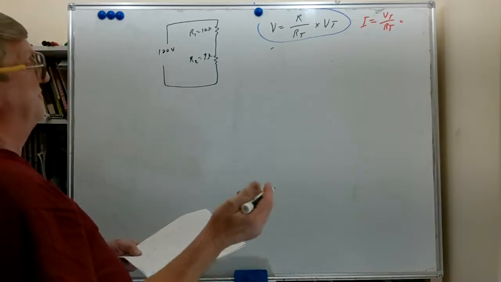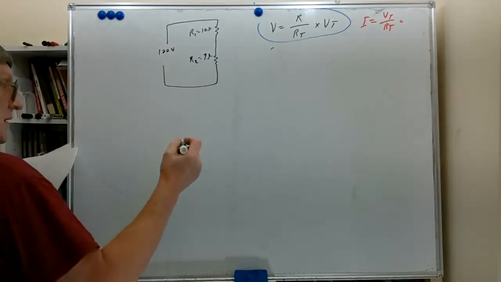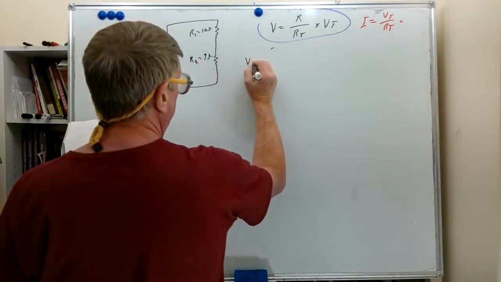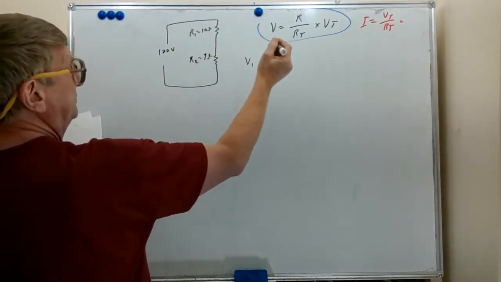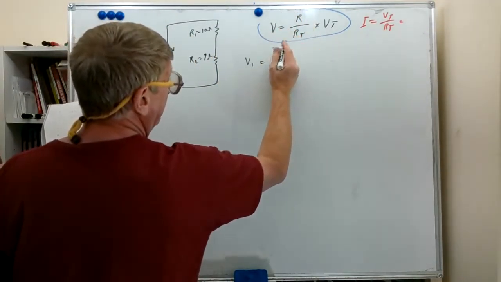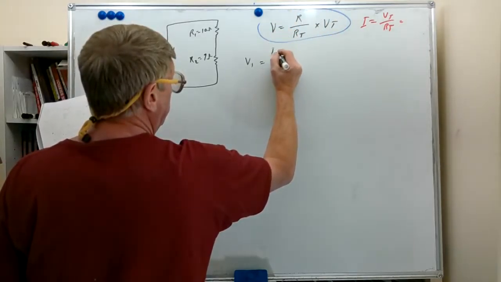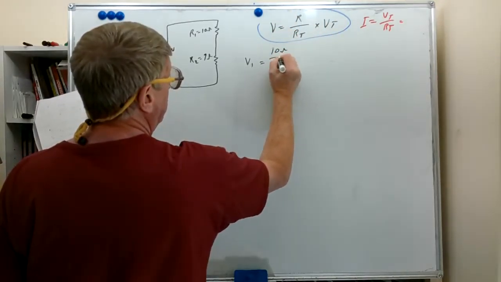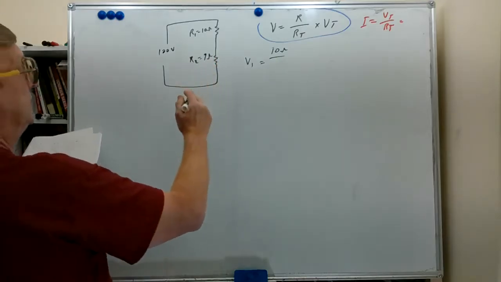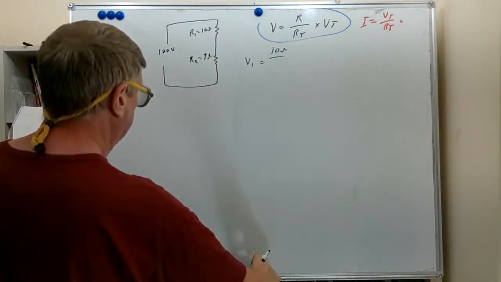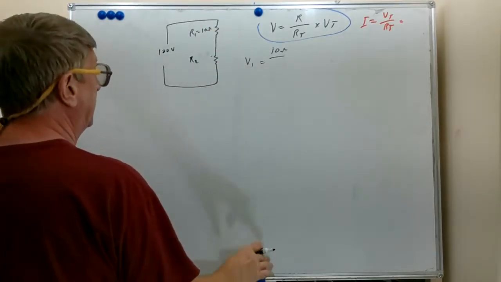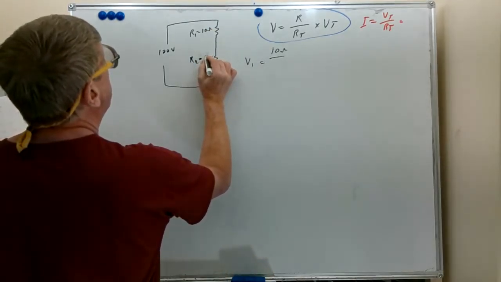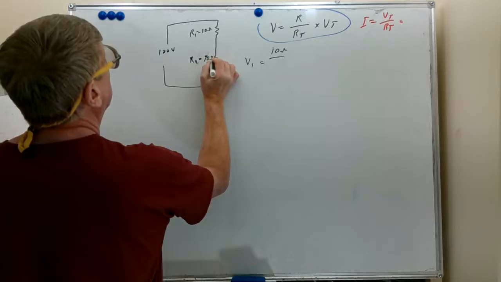So if we want to find voltage 1, we'll use our voltage divider formula again. It's going to be R1, 10 ohms, divided by RT. Well, let's make this correct here. We want 90 ohms; I wrote 9 equals 90 ohms.